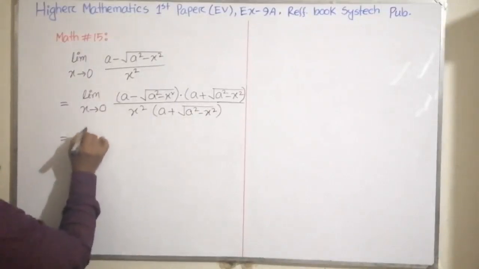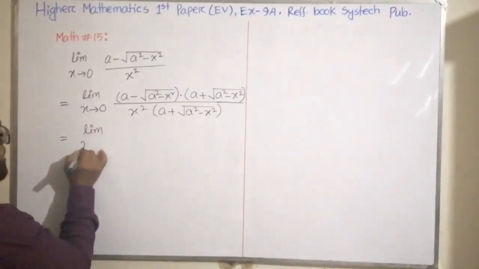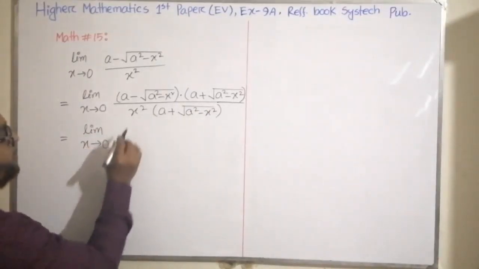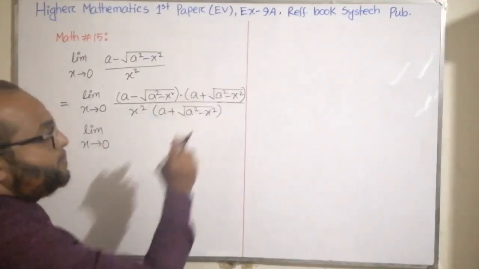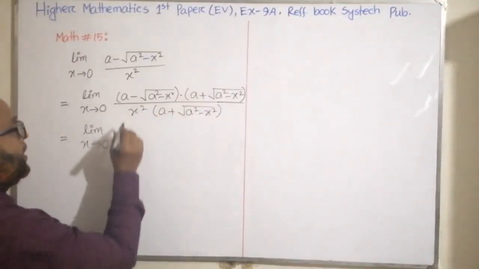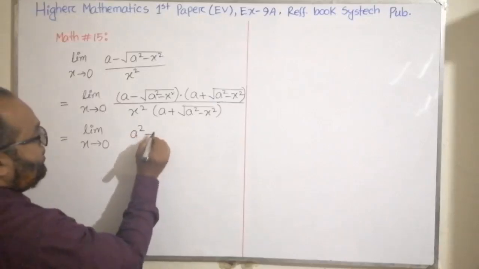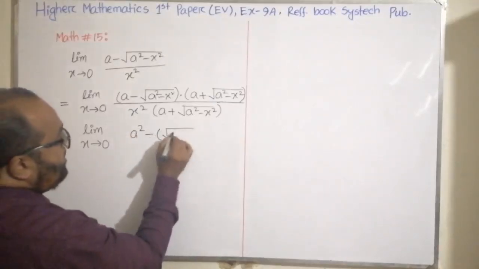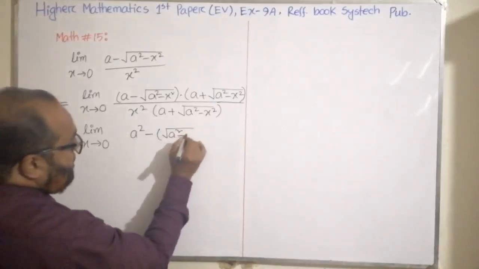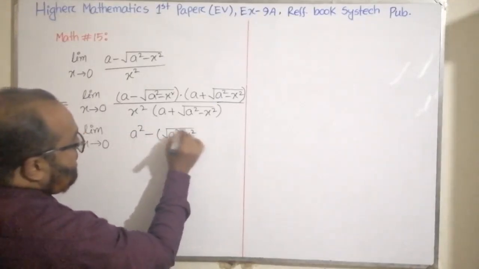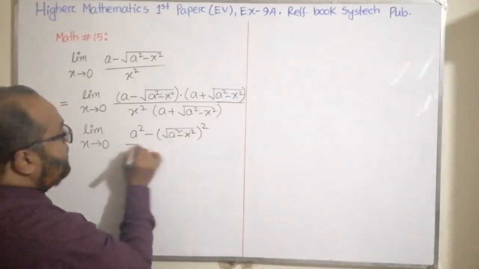This equals limit x tends to 0. Here a plus b into a minus b, we can write a square minus b square, that means a square minus a square minus x square square root whole square.